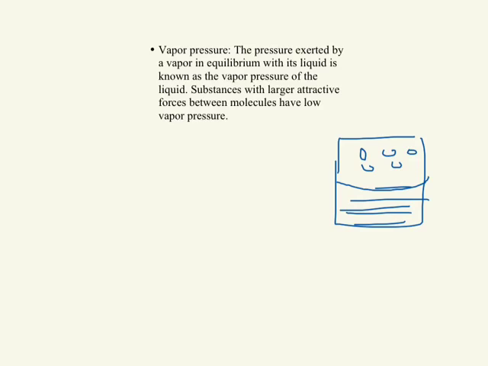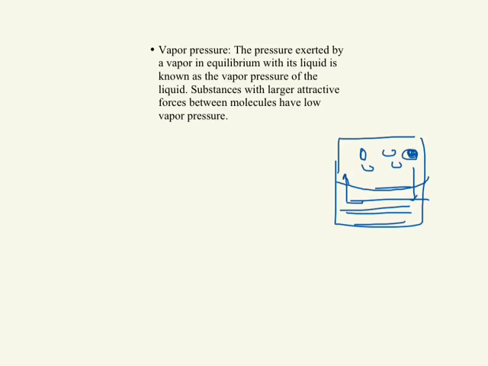When the vapor molecules change back to the liquid, that's condensation, and the opposite one, when the liquid molecules are evaporating, is evaporation. So when the rate of evaporation, meaning liquid changing into vapors, is equal to the rate of condensation, meaning vapors changing back to the liquid, we say it's at equilibrium.